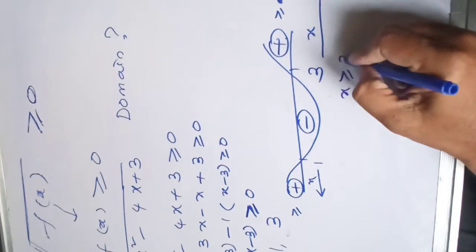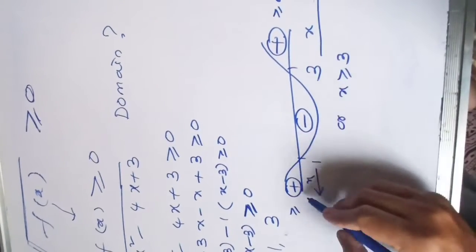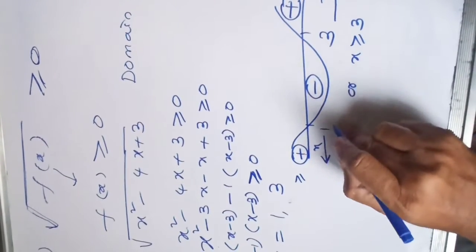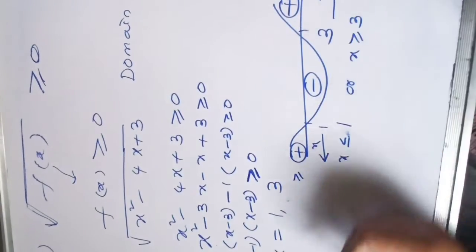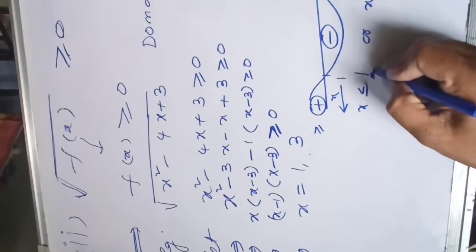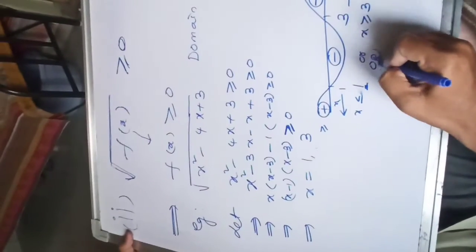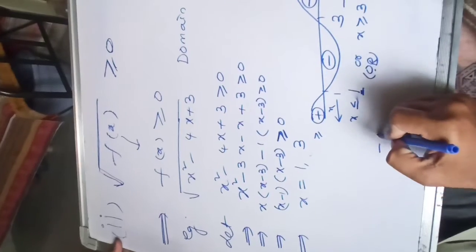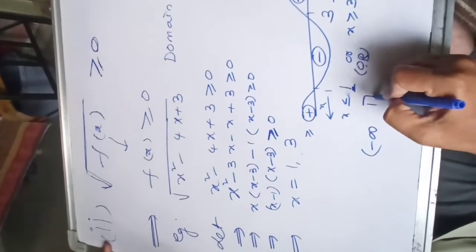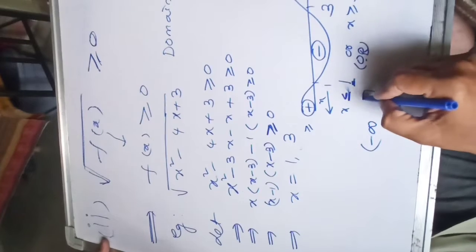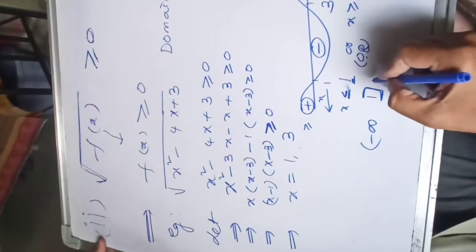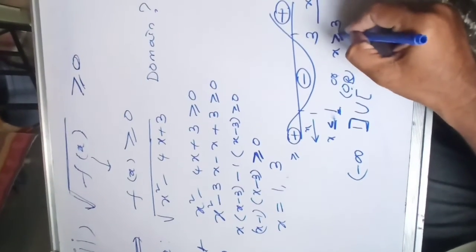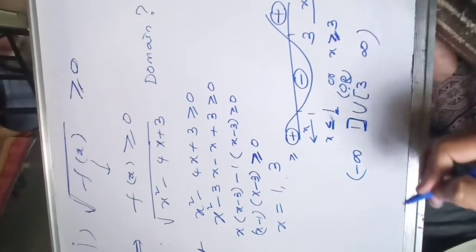This means x is greater than or equal to 3, or x is less than or equal to 1. So we can write this answer as x less than or equal to 1, or in interval form, minus infinity open to 1 closed. Because of the equal to symbol we have to take closed intervals. Then the union, and another closed interval from 3 to infinity.